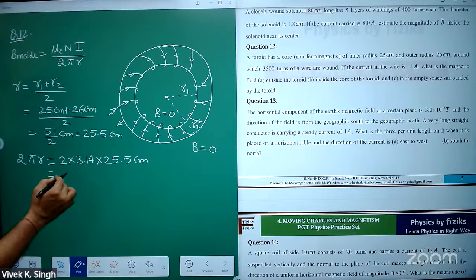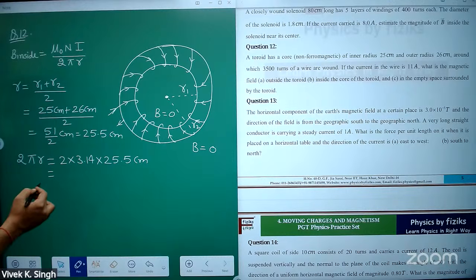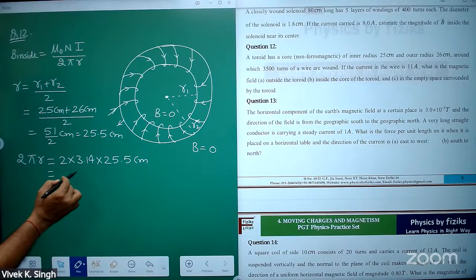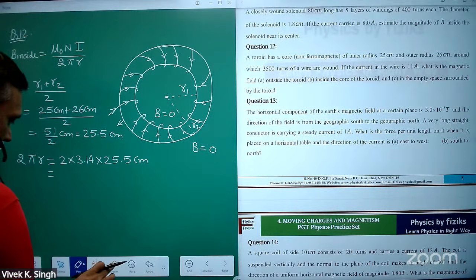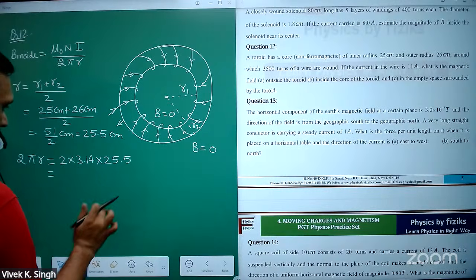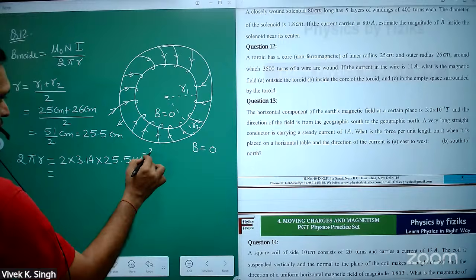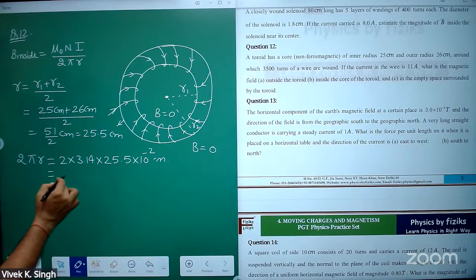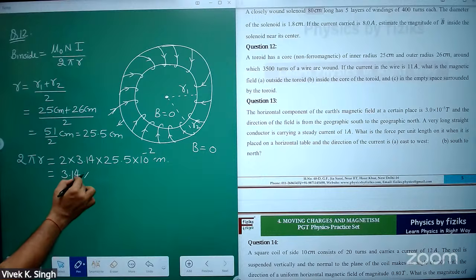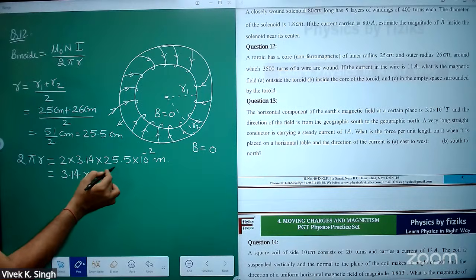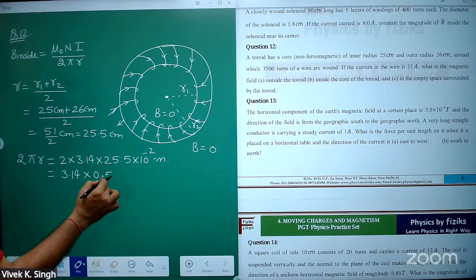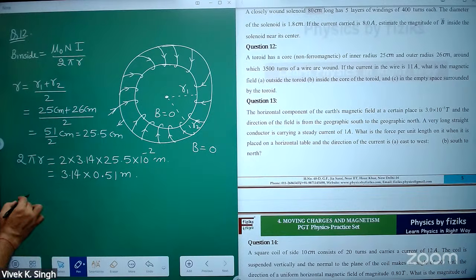So if you multiply, you should write this value in meters. So this will be into 10 to power minus 2 meters. So that will be 3.14 into 0.51 meter.